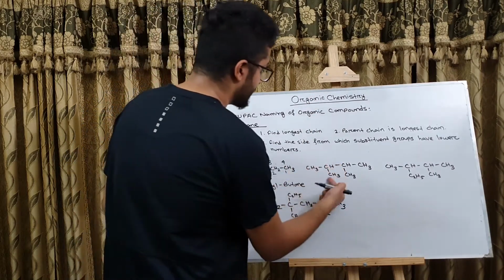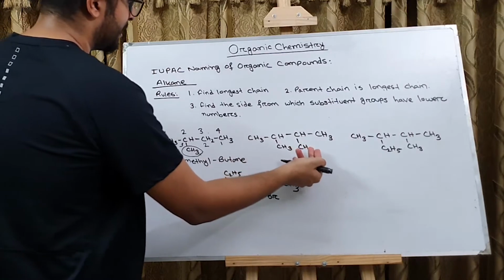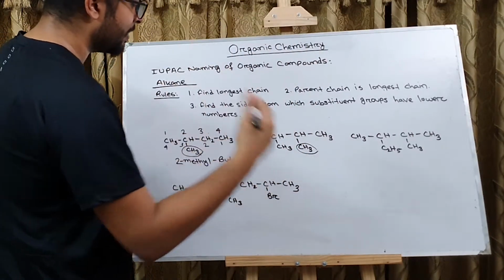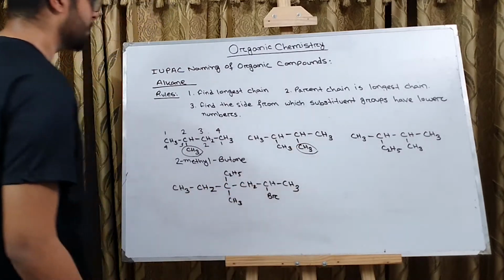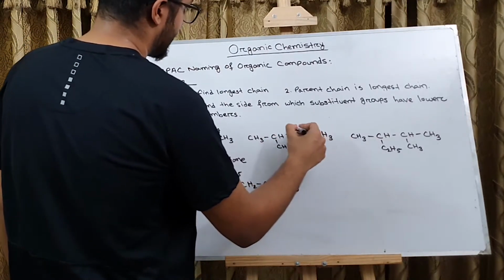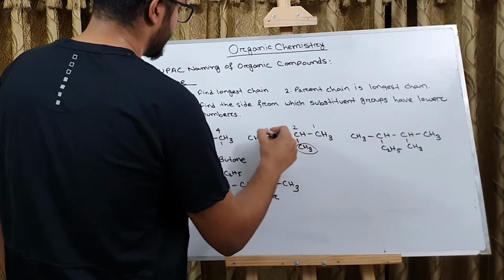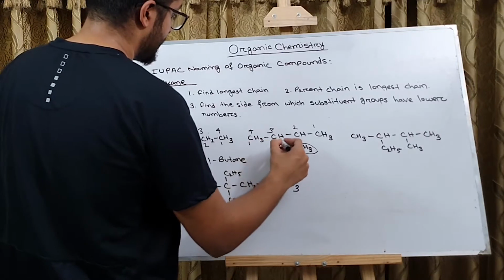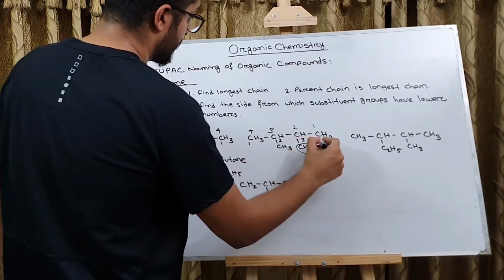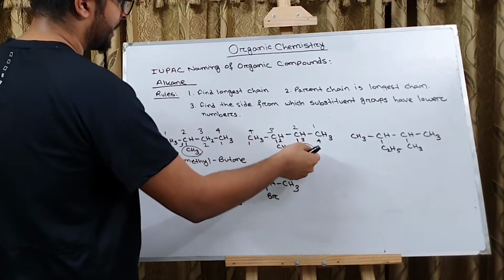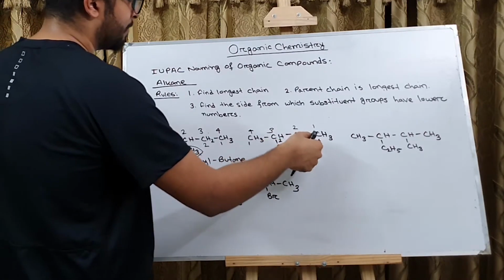Okay, now let's name this one. This and this are completely the same, except it has an extra methyl group. So if we number it from this side, then the numbers would be 1, 2, 3, 4. But if we number it from the left side, it will have 1, 2, 3, 4. So in both cases, the substituent groups are falling at number 2 and number 3 carbon.